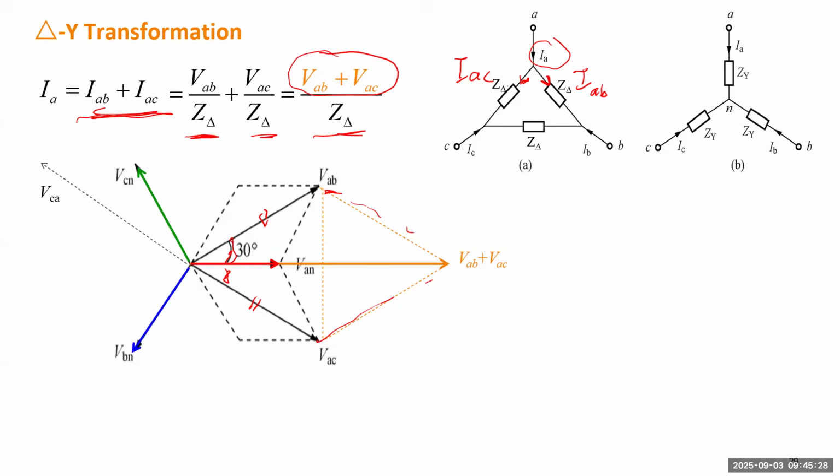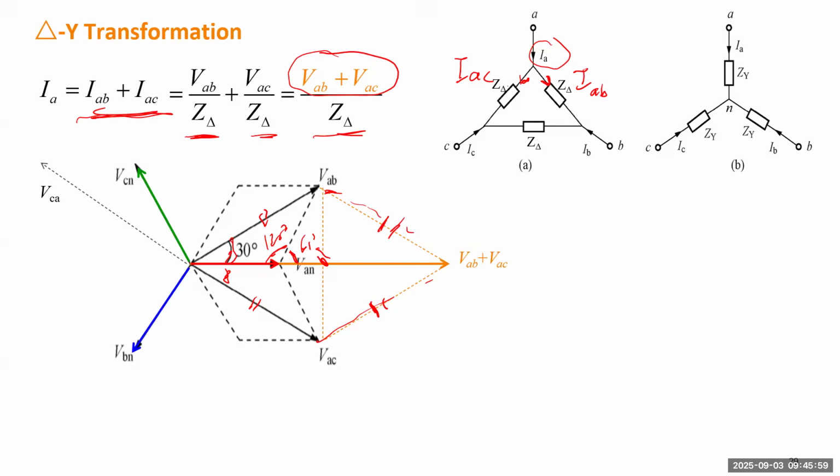Okay, so what is this one? Based on this geometry, we know this triangle has 60 degrees on each angle, right? Which means those three edges are the same, also equal to those two edges. So this is 120 degrees, which means this angle is 60 degrees.